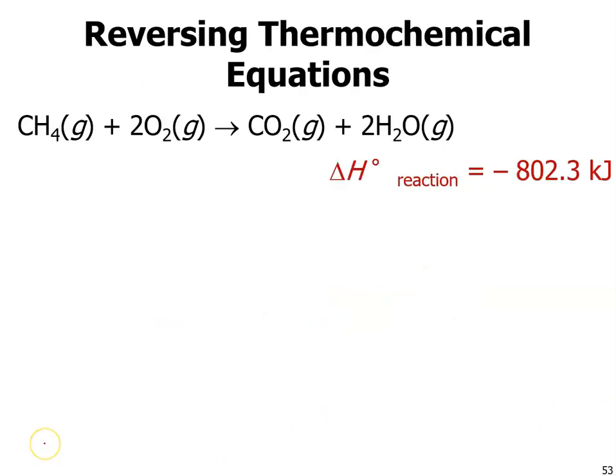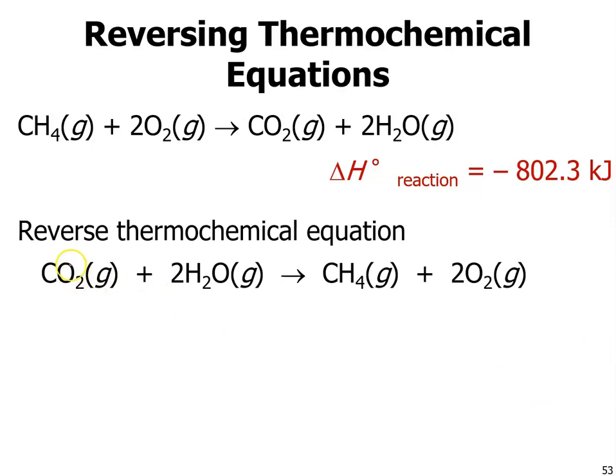Another useful feature for thermochemical equations, if we have a forward reaction, so I'm making methane and oxygen, generating carbon dioxide and water, I can actually spin these around and I can start with the products, carbon dioxide and water, make methane and oxygen, and what happens to the delta H value is it just gets to be the opposite value. So negative 802 kilojoules for the forward reaction, the reverse is a positive value.